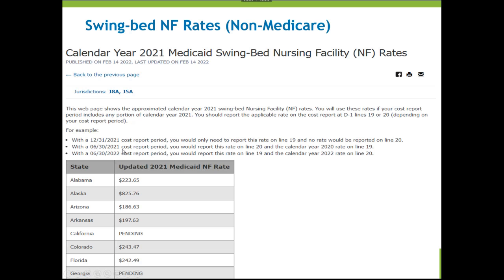But if you have a 6/30, for example, you'd report this rate on line 20, and last year's rate on line 19. And if it's a 6/30/22 the next year, then the prior year rate, or the first half of the year's rate, gets reported on line 19, and the next year, the 2022, would be reported on line 20.